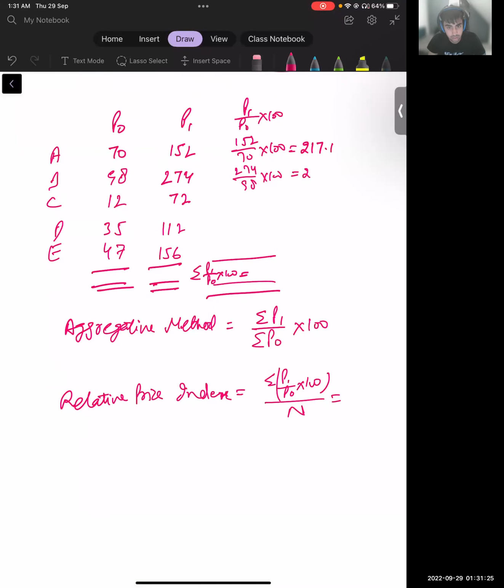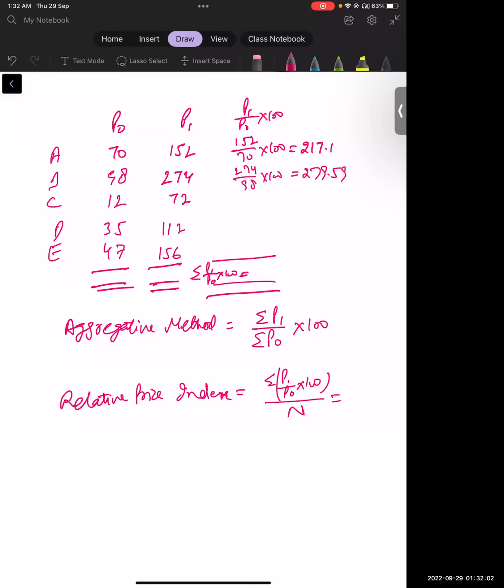Isn't it 274 over 98? Just a second, I'm going to touch my calculator. 274 divided by 98. The answer will be 279.59. Yeah, that's what I said. Okay, okay.